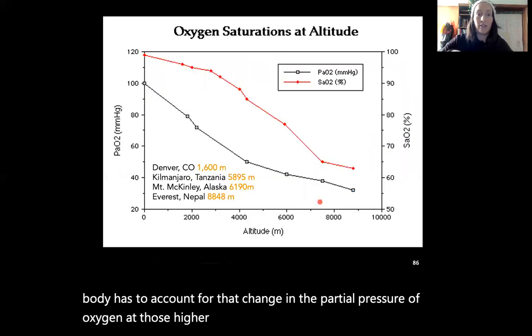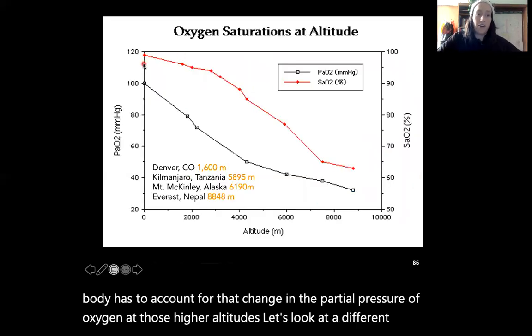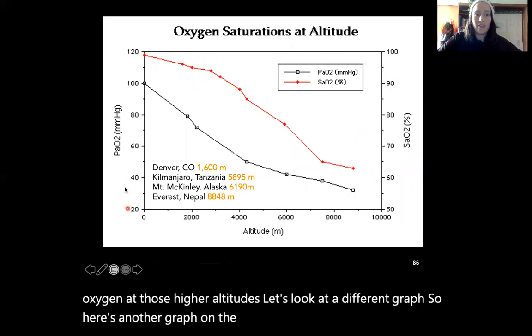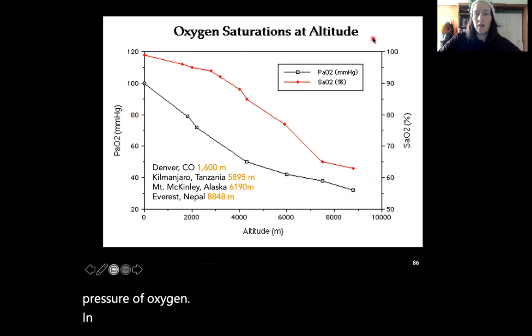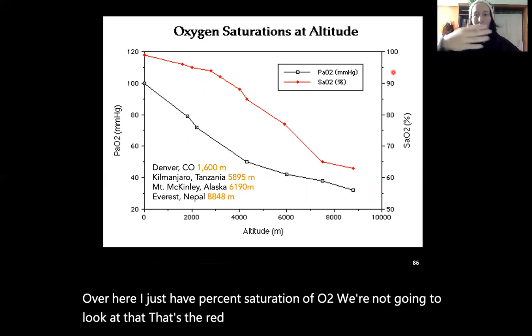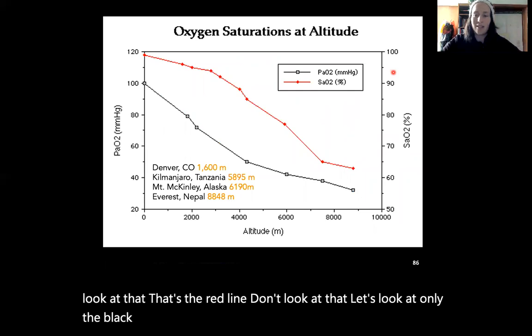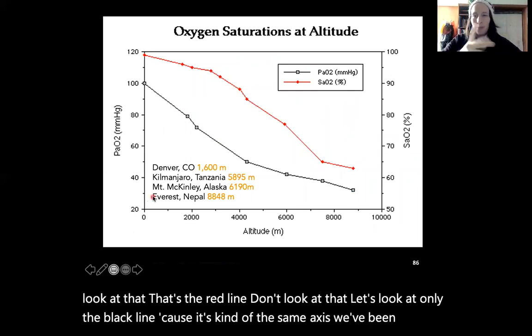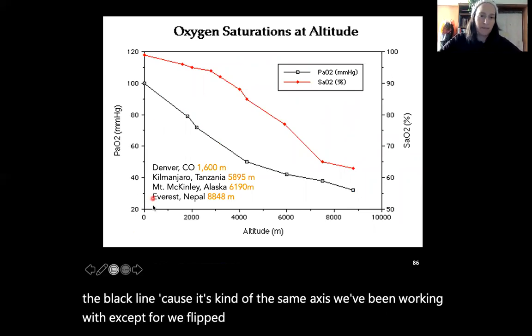Let's look at a different graph. On the y-axis, I've got partial pressure of oxygen in millimeters of mercury, or torr. On the right side, I have percent saturation of O2, but we're not going to look at that red line. Let's look at only the black line, because it's the same axes we've been working with, except we flipped the x and y.